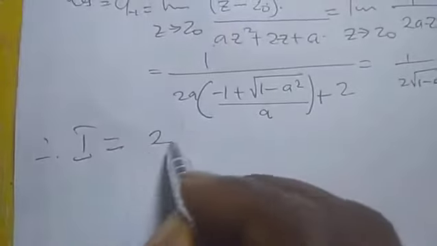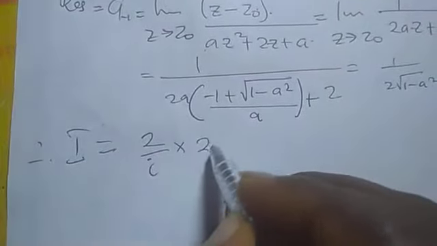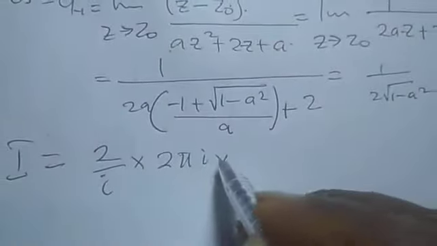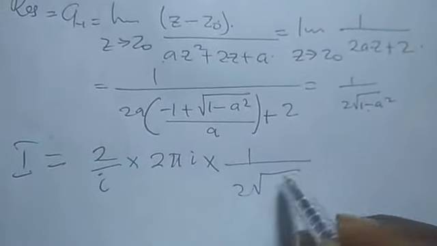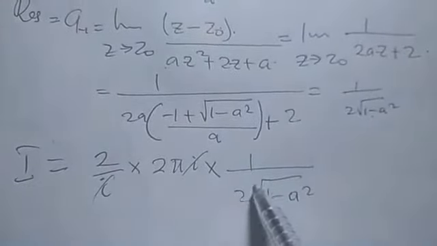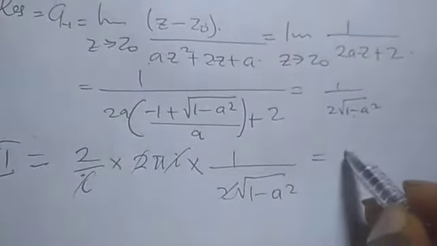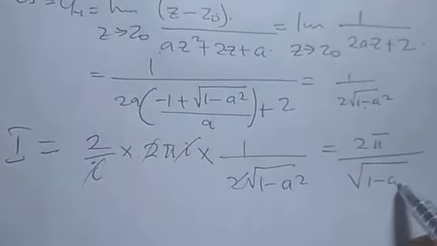Let me write it. Then we can now write the residue theorem, which is 2 pi I times the residue. This is the residue that we got, 1 over 2 root this. This cancels this. This cancels this. All we have left is 2 pi over root of 1 minus a squared. And that is what we are asked to prove.